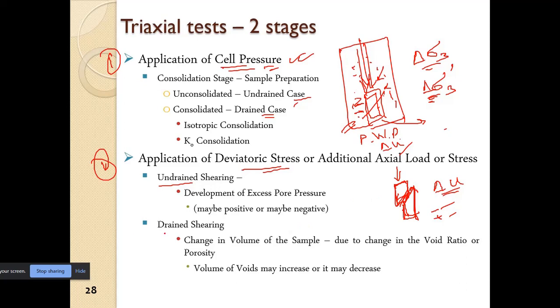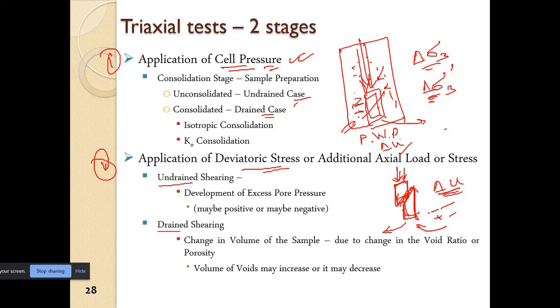In the other application of the deviatoric load stage, what we do is we drain the sample. So in that case, there will be no development of pore water pressure, but there will be drainage into the sample or out of the sample. We will see when it is into the sample and when it is out of the sample.